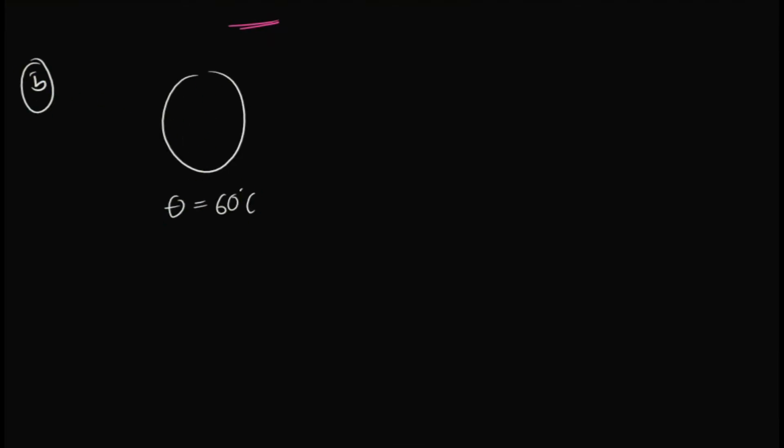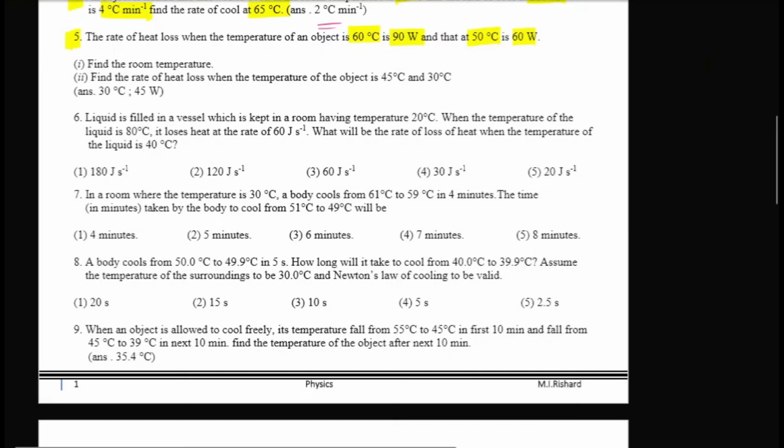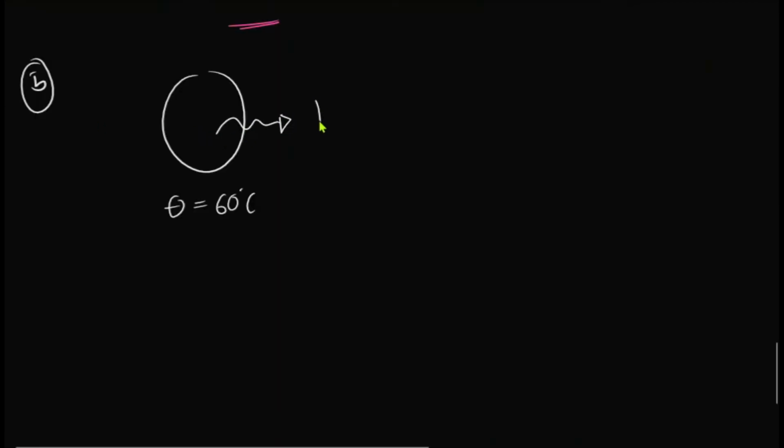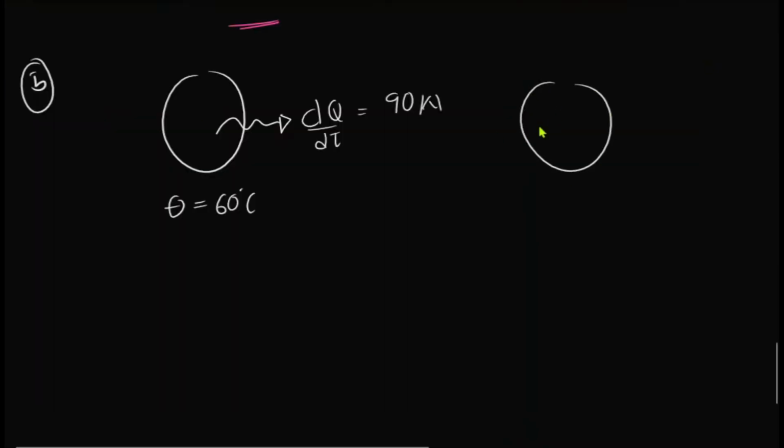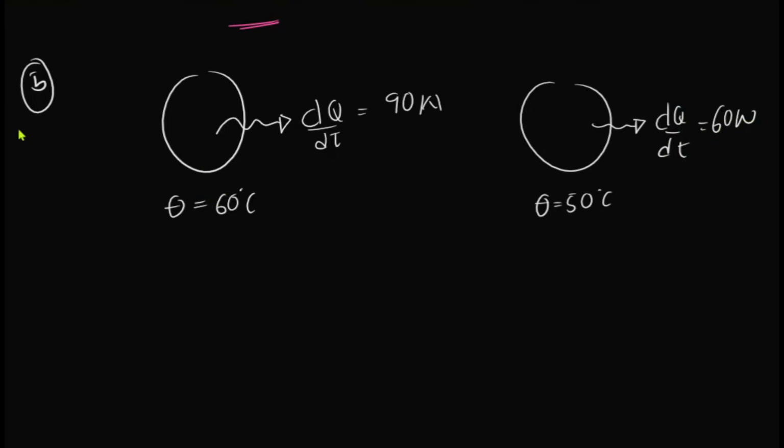There is an object at 60 degrees Celsius, and the rate of heat loss dQ/dt is 90 watts. When the temperature is 50 degrees Celsius, the rate of heat loss is 60 watts. Now what they are asking is to find the room temperature.